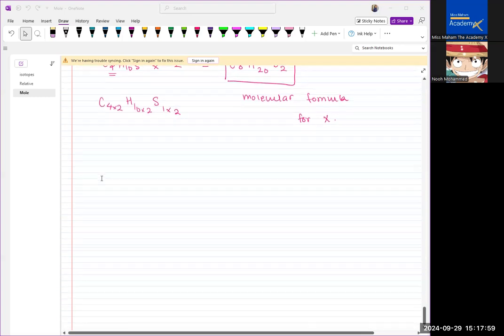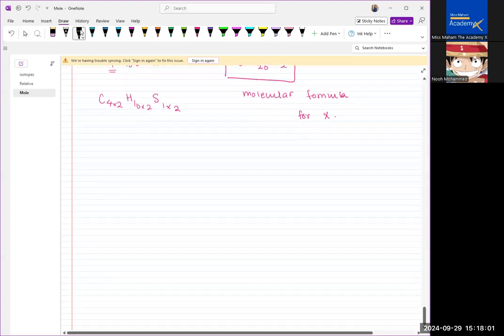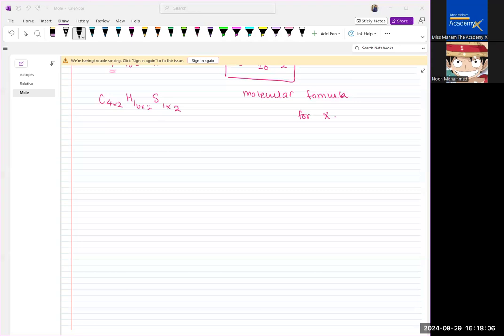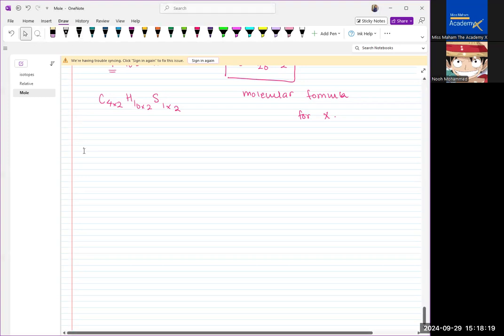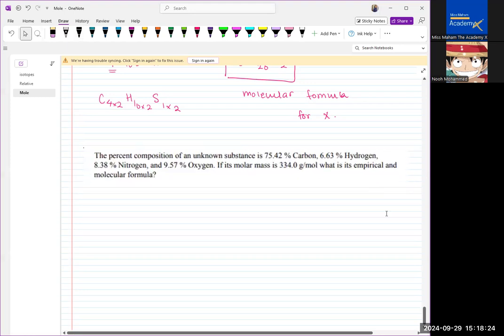Okay, so this is a question here. The question states the percentage composition of an unknown substance is this much.